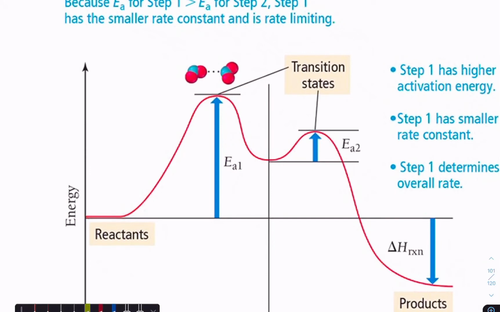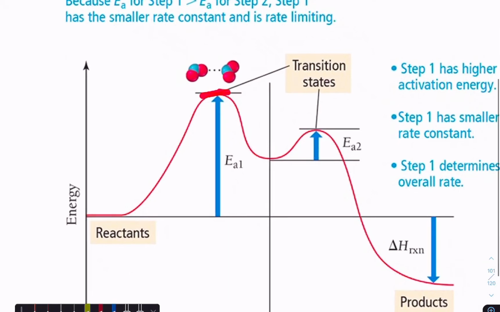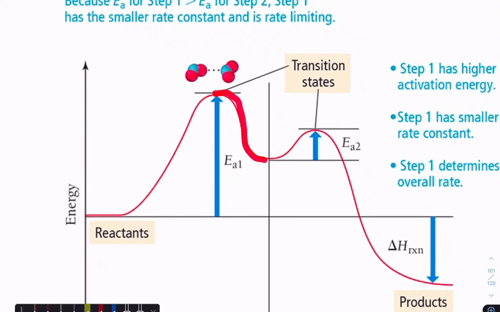So it's not just from the floor up to the transition state, it's from wherever the reactants start at. And then for the second step, this goes up into a transition state. After it's past that transition state, it comes down to a second energy level, so that intermediate has a higher energy than the reactants. And so the energy of this transition state is from that floor to the peak of the next transition.